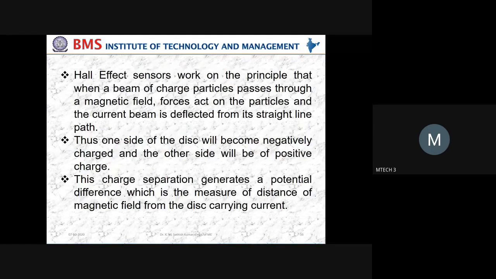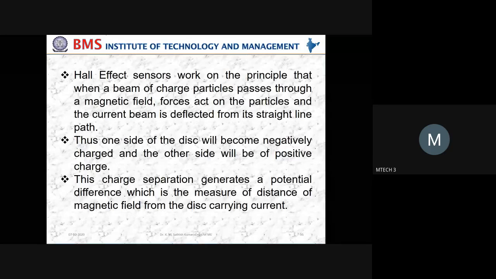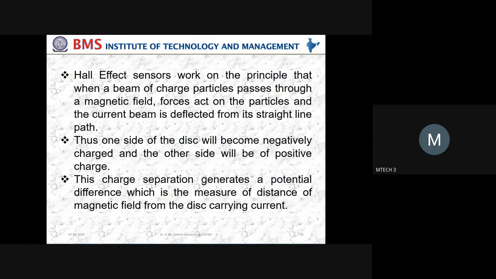Now you can observe clearly why this effect occurs. This is very important: when you bring the magnetic field, there is a force that acts on the particles. This force is called the Lorentz force. Please note down: the force that acts on the particles under the influence of the magnetic field is called the Lorentz force.